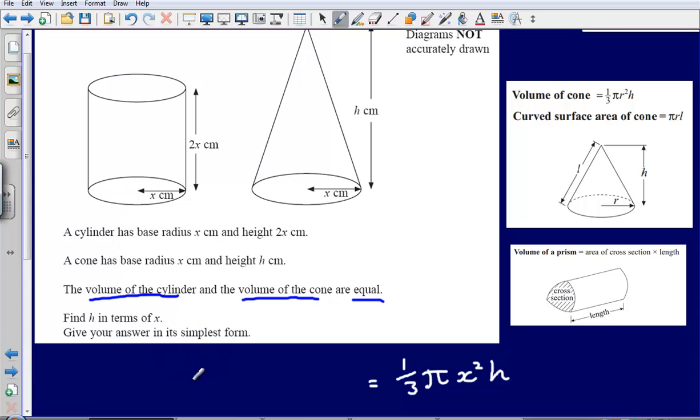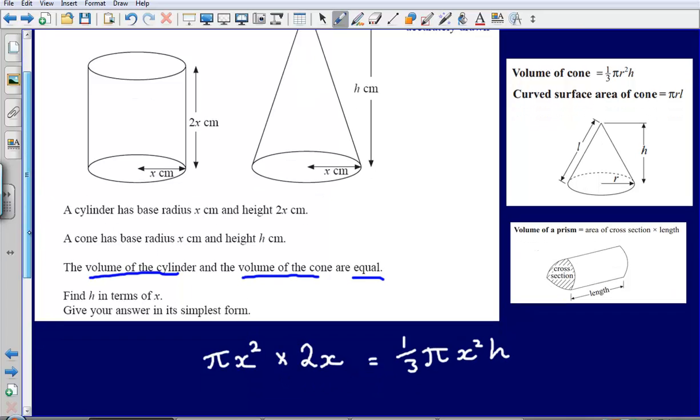The area of a circle is pi times the radius squared, so it is pi x squared, and then I need to multiply it by the length of the prism, which is 2x. So it's pi x squared multiplied by 2x.